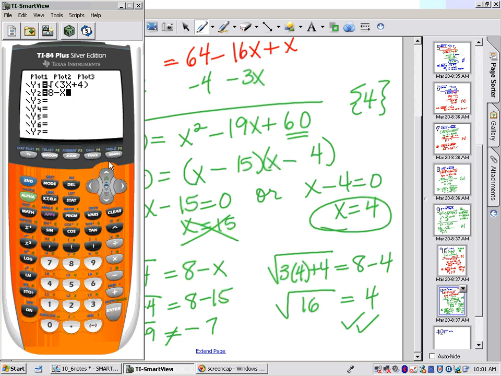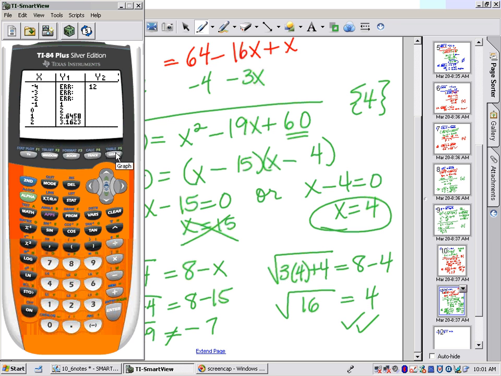If we graph it, notice that they only intersect at this 4. Or again, we could look at the table, and if we go down to 4, we see that the y1 and y2 values are equal, so it tells us 4 is a solution. Now, if we keep on going down to 15, we see that we get a contradiction because 7 does not equal negative 7.